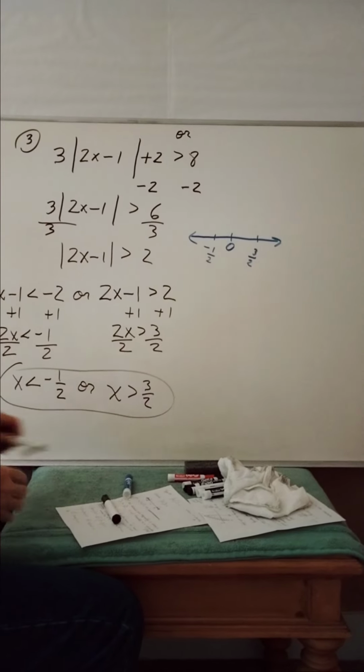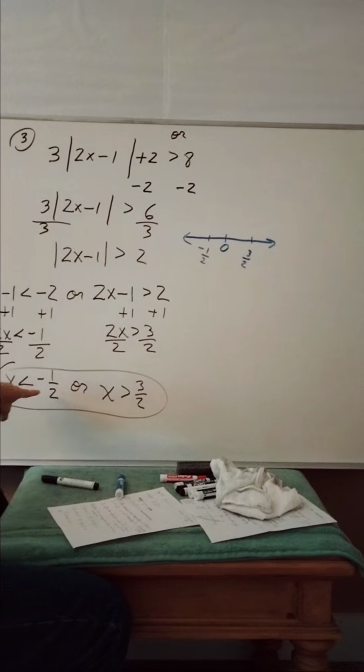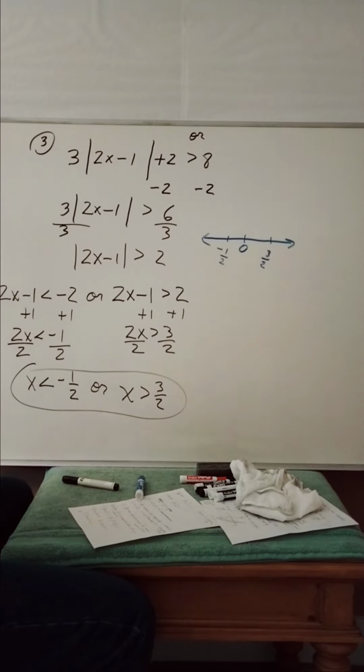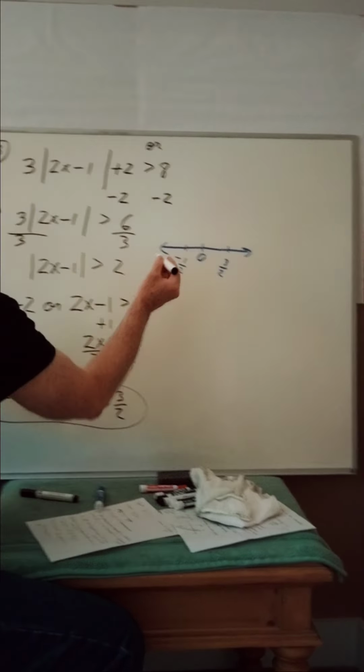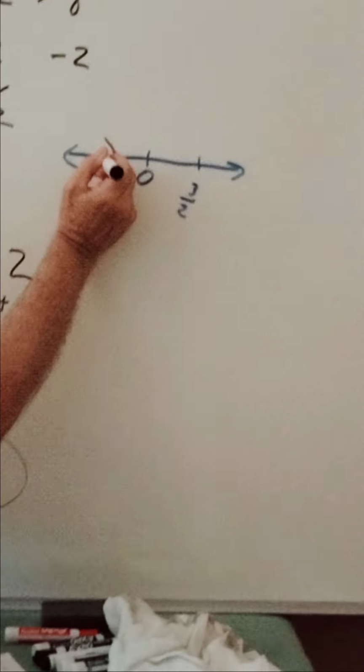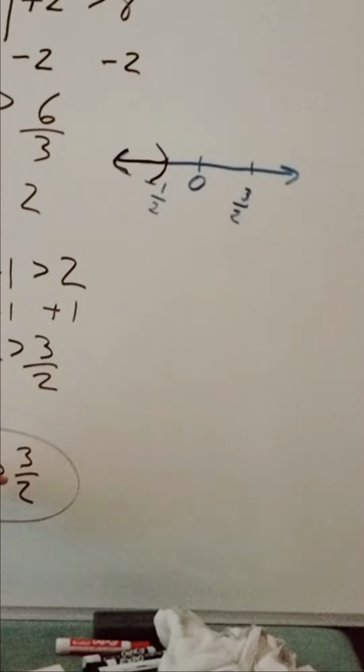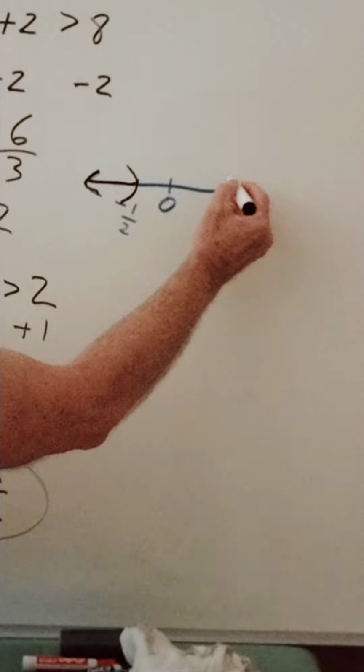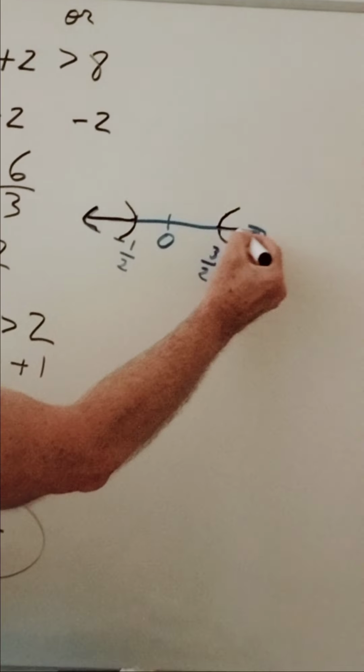And then we'll do the graph. On the one hand, x has to be less than a negative 1/2. It's got to be less than that. Parenthesis. To the left. Shade it. Or x is greater than 3 over 2. Greater than. Shade.